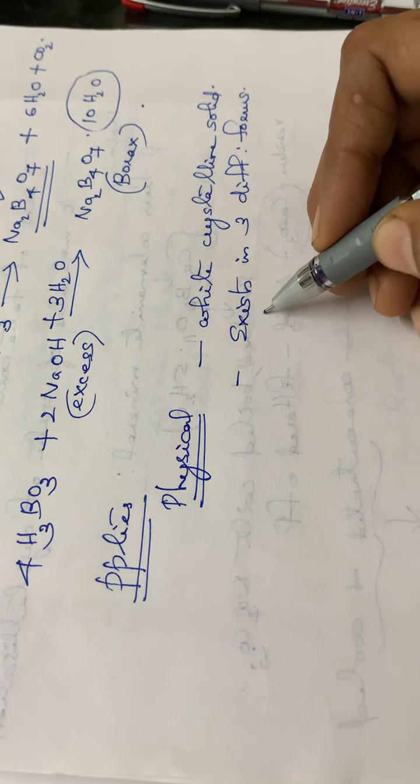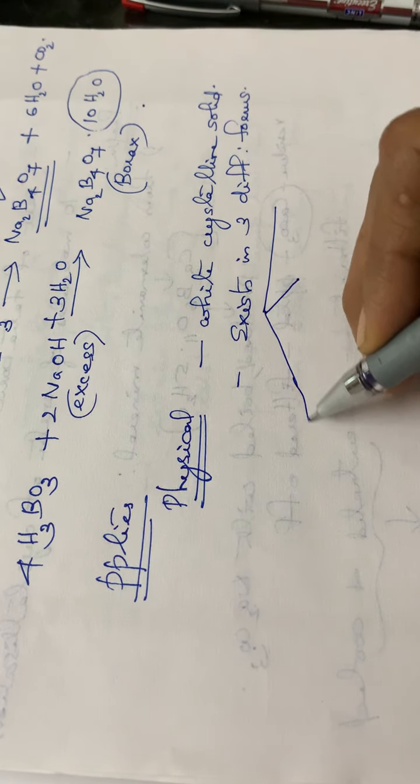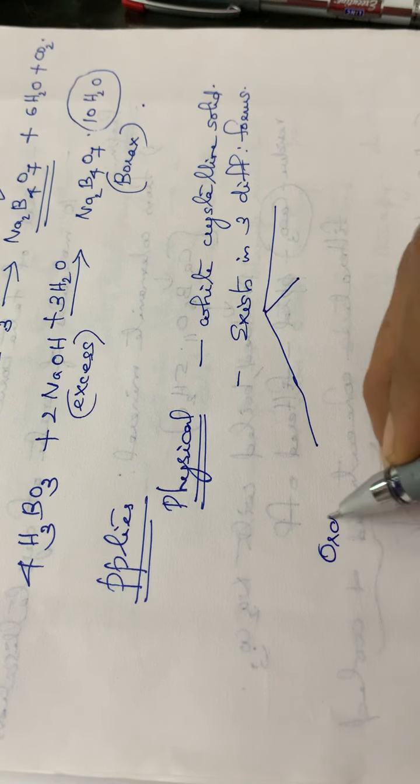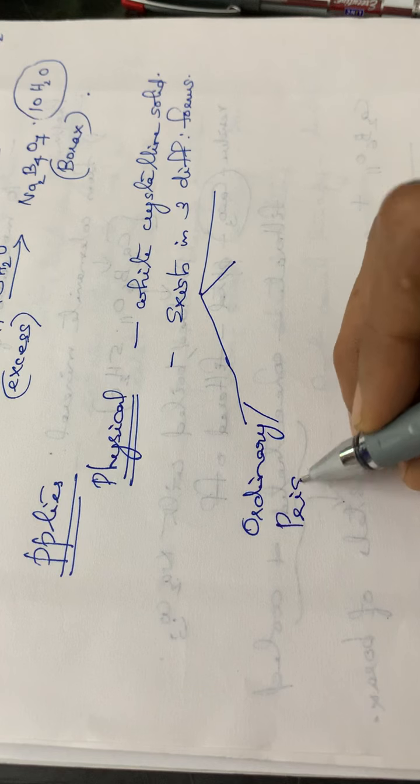The first form is ordinary or prismatic borax.